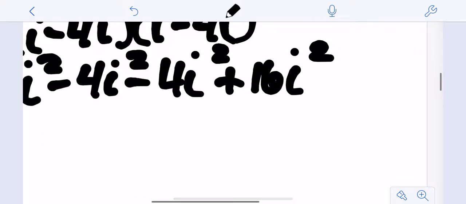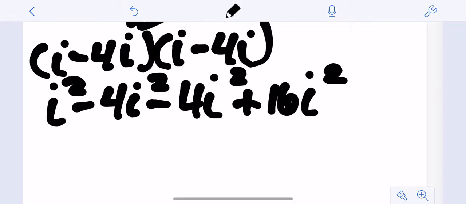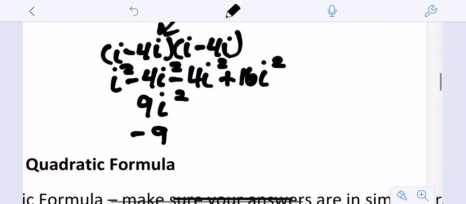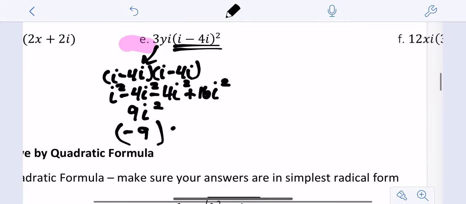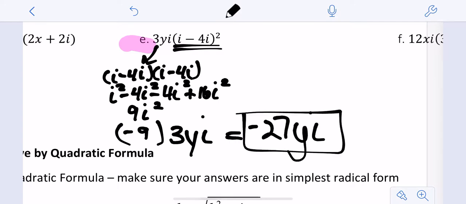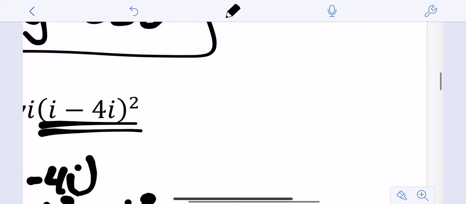And i squared is -1, so this really just becomes 17 minus 8, so 9i squared, which would be -9. And then I'm going to multiply that by 3yi. And so this becomes -27yi.